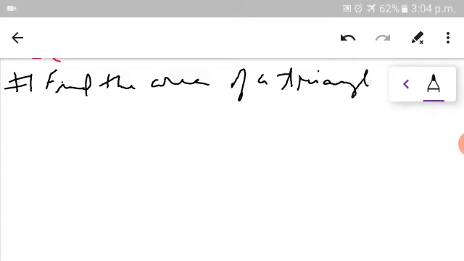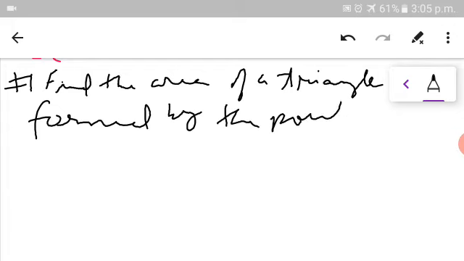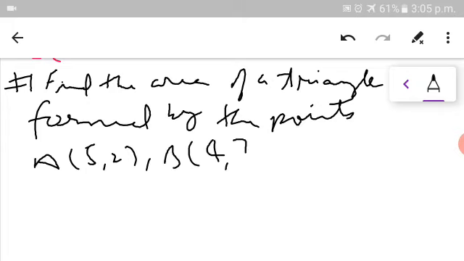Find the area of a triangle formed by the points A (5, 2), B (4, 7), and C (7, minus 4). Okay, right? So let us start.